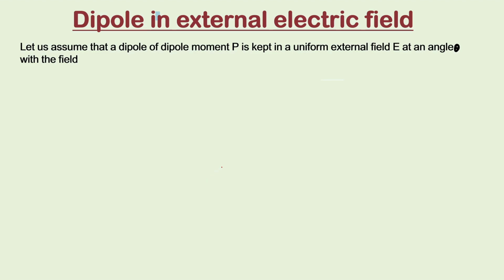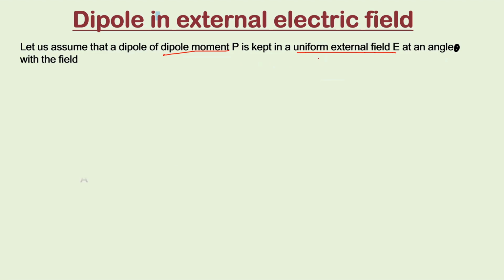Here dipole moment is P, the intensity of uniform external electric field is E, and theta is the angle between dipole moment and electric field E.